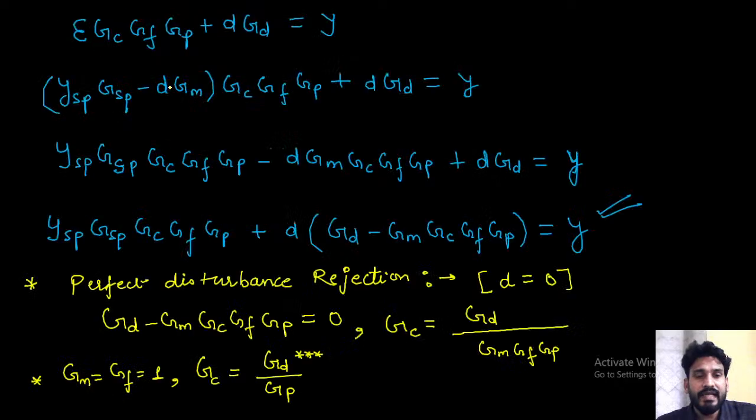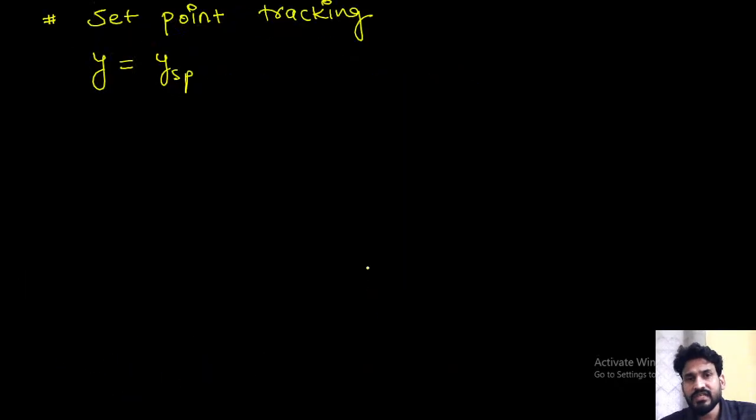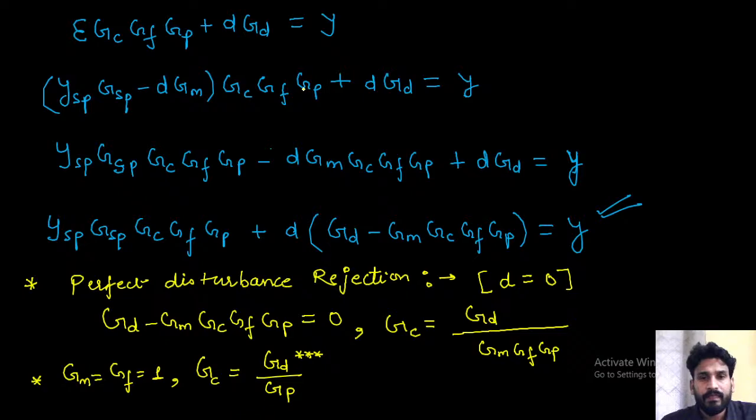So one is my perfect disturbance rejection and another is my set point tracking. There are two main mottos here. For perfect disturbance rejection, this whole term will be 0, and y equal to ysp. For this condition, the coefficient of ysp should be 1.